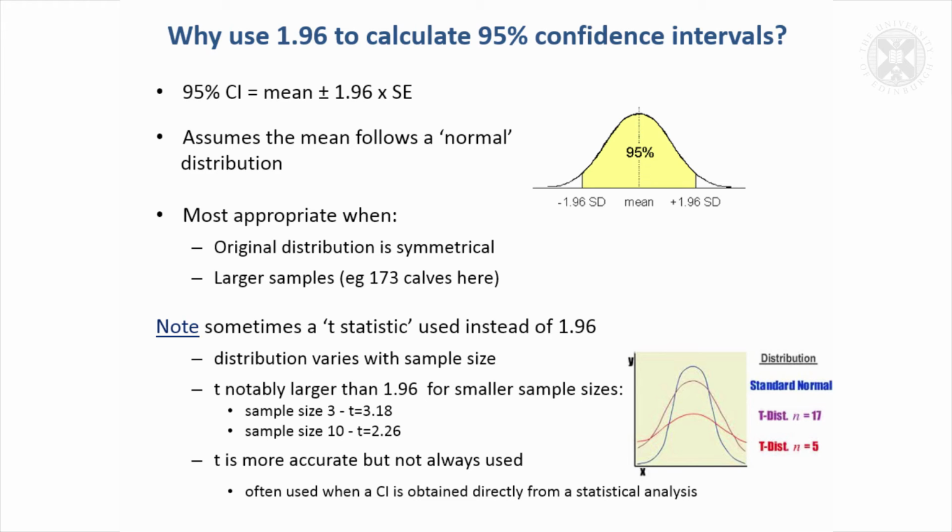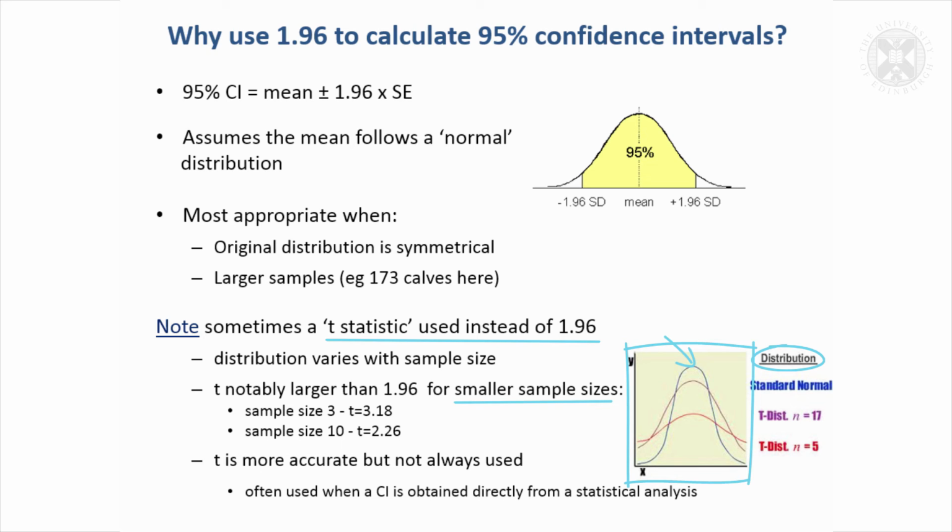However, having just said you always use 1.96, I ought to add that occasionally people use t-statistics instead of 1.96, particularly with small sample sizes, because this normal distribution tends to have a slightly different distribution which is a bit wider, and that's shown in this diagram here, where the tallest blue line curve is the normal distribution, but there's a couple of smaller sample sizes.